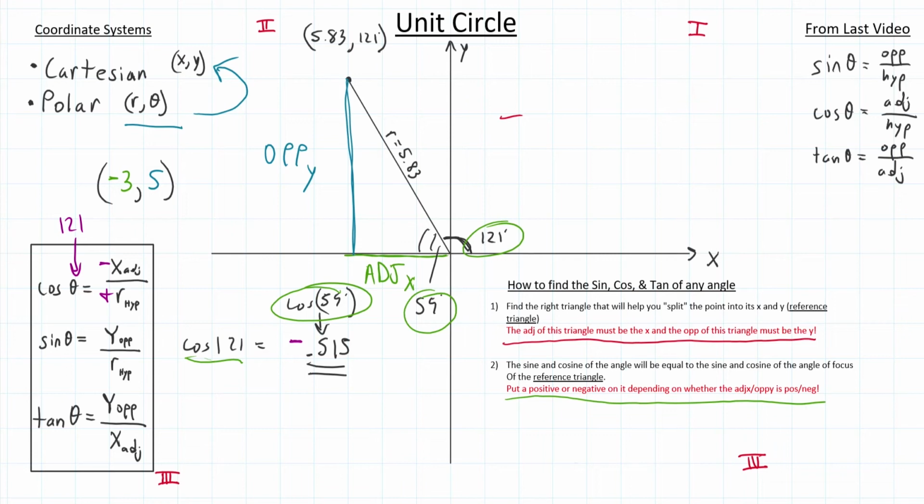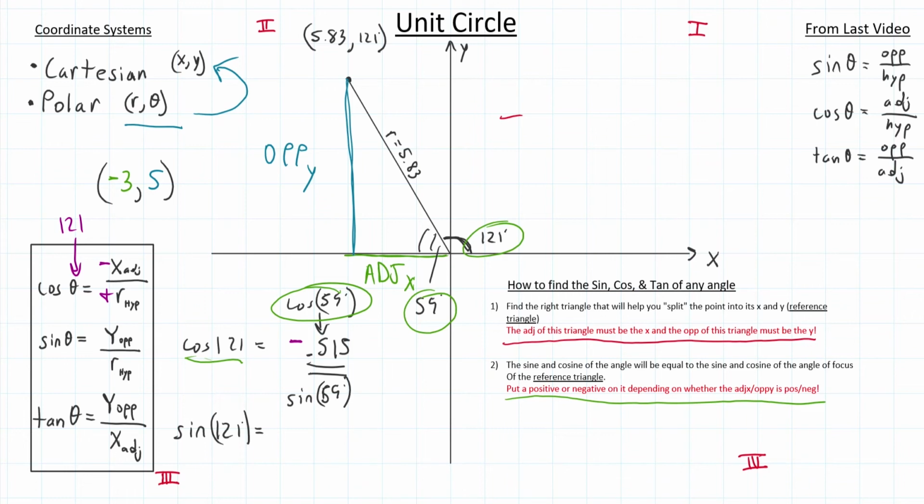We got to take a look at that manually. So let's read through this statement one more time for the sine. The sine of the angle that we're interested in, that's the sine of 121, will equal the sine of the angle of focus of a right triangle. That's the sine of 59.